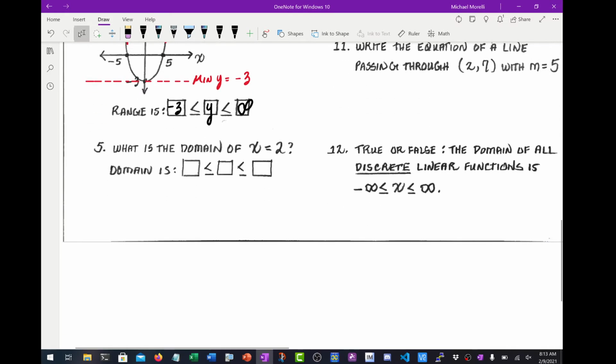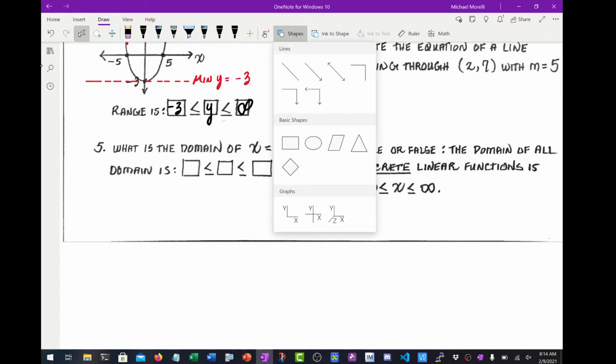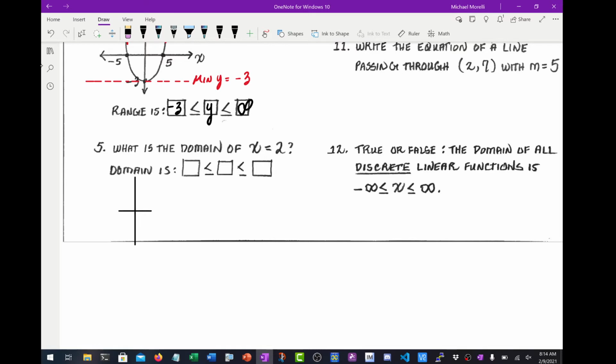Number 5. What is the domain of x equals 2? Remember, this graph is a very strange graph. The graph of this is as follows.